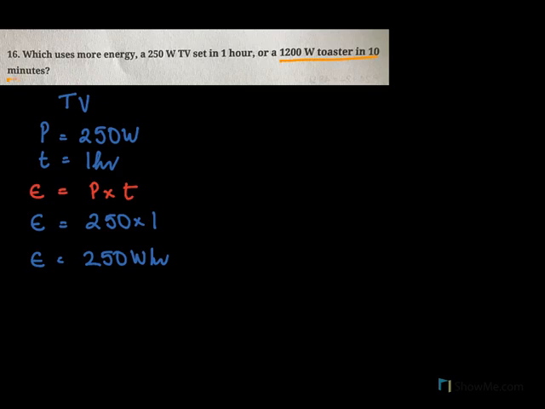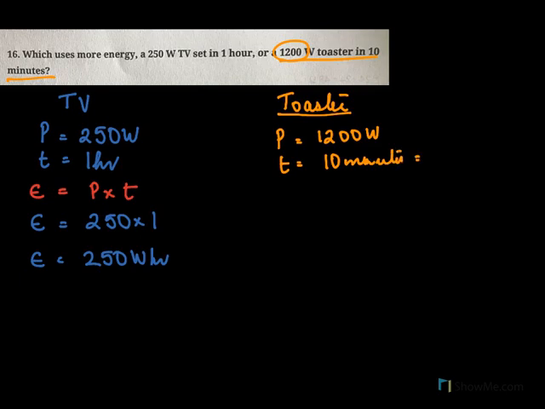Now the next appliance, we have a toaster for 10 minutes. The power here is 1200 watts and the time is 10 minutes. But we are not going to work in minutes, we are working in hours. So we do 10 by 60 hour. Again we are finding energy. Energy is power into time.